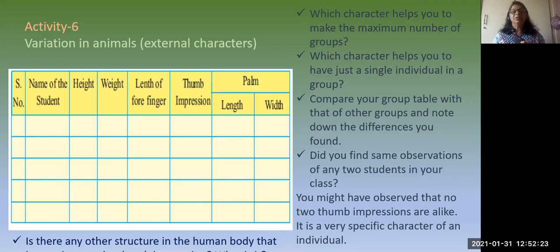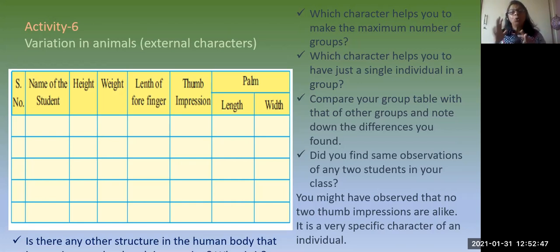That means a character common to all humans will make only one group. A character that is not common in all the organisms will make different groups, many groups. You have to write that character name.